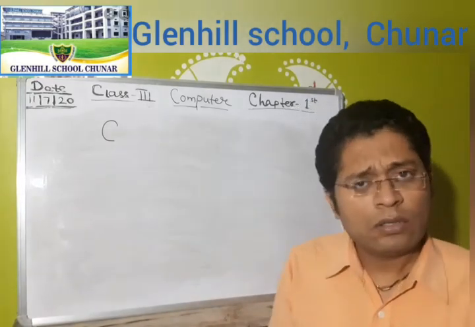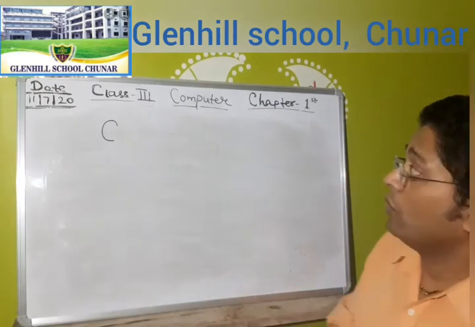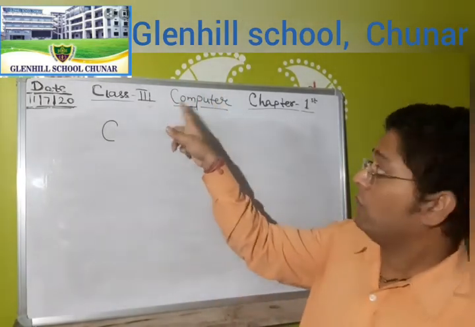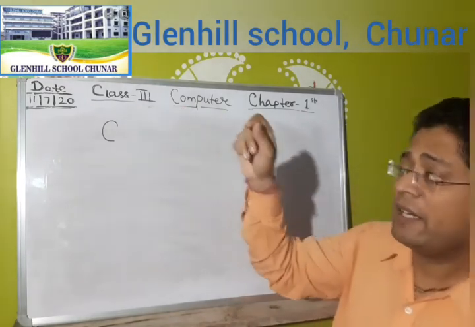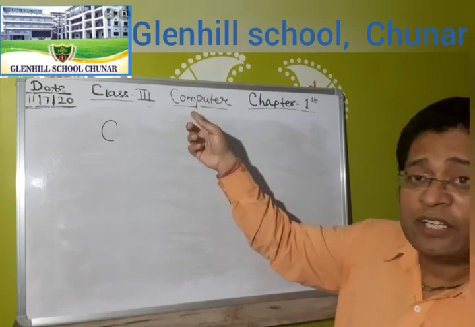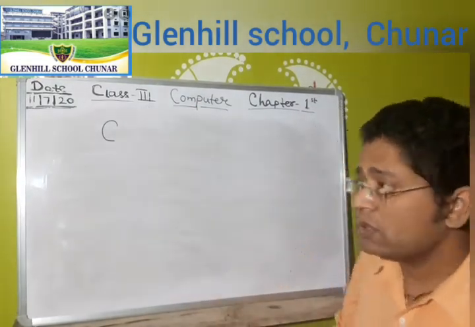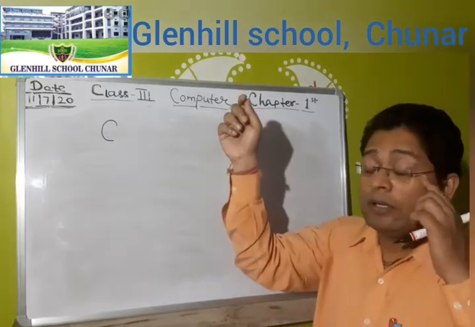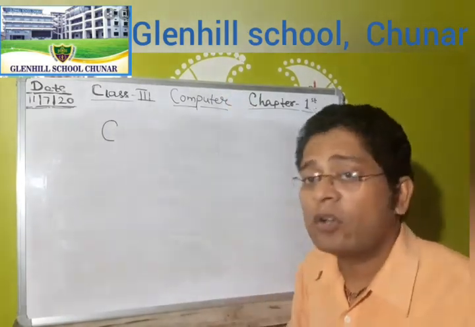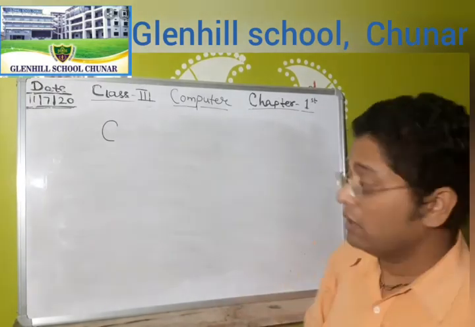Yes, clear to all. And the full form: C for Commonly, O for Operate, M for Multiple, sorry, Machine, P for Particularly, U for Use, T for Trade, E for Education, and R for Research. Clear to all? Good.